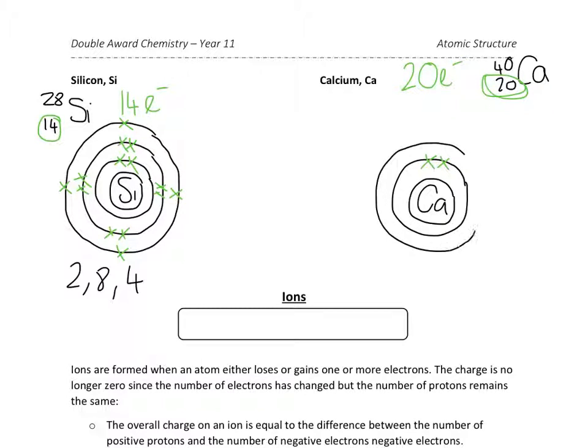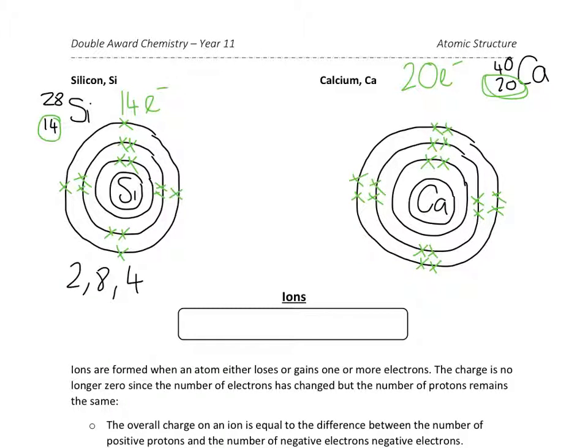Second shell can hold up to 8. And again, they only pair up when they have to, so let's do 1, 2, 3, 4, 5, 6, 7, 8. So now I have 10 electrons. So I'm going to need 10 more. Third shell can hold up to 8 as well. So I write them as 1, 2, 3, 4, 5, 6, 7, 8.